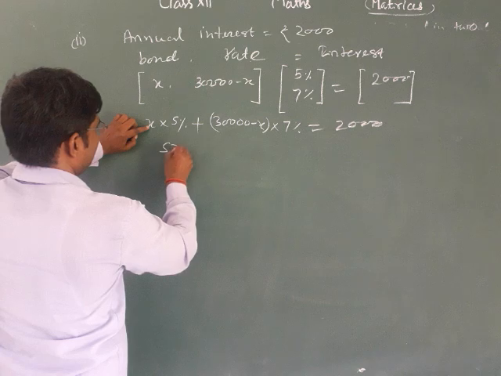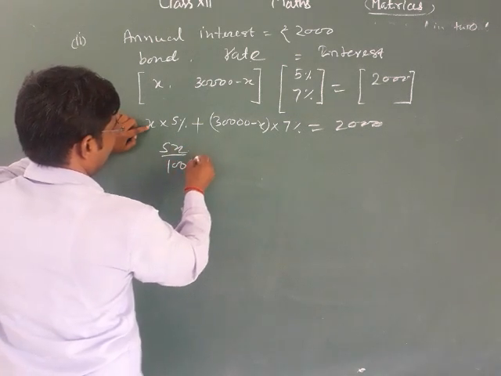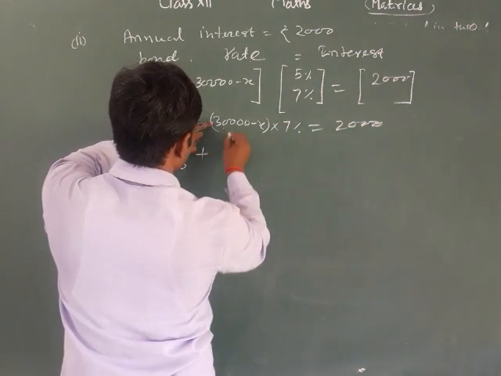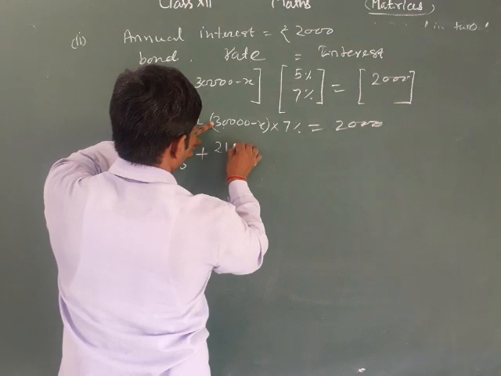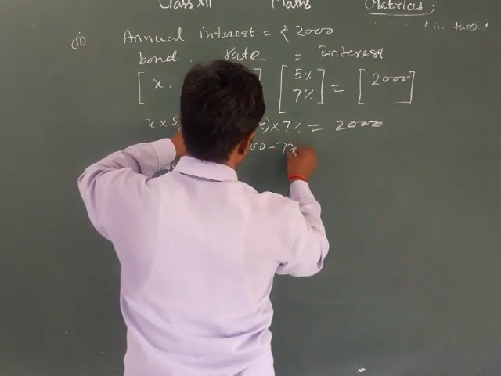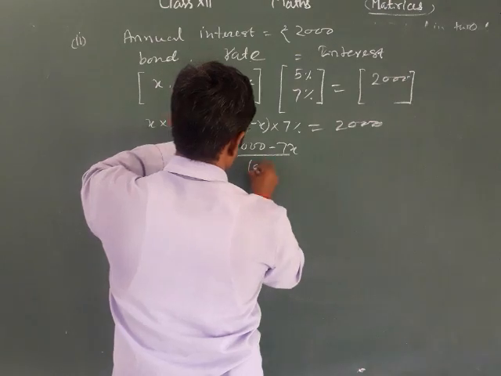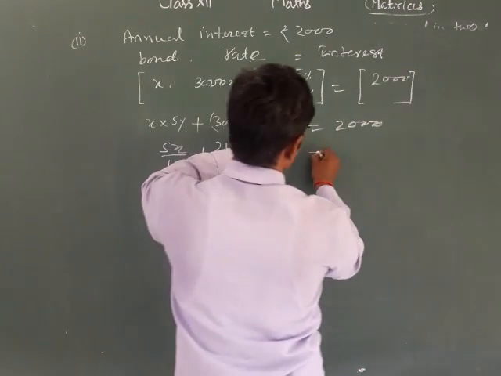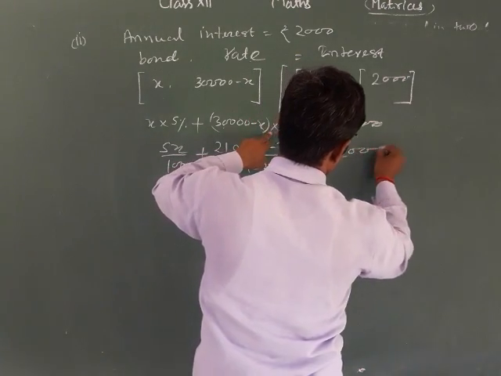So 5x upon 100 plus 210,000 minus 7x divided by 100 is equal to 2,000.